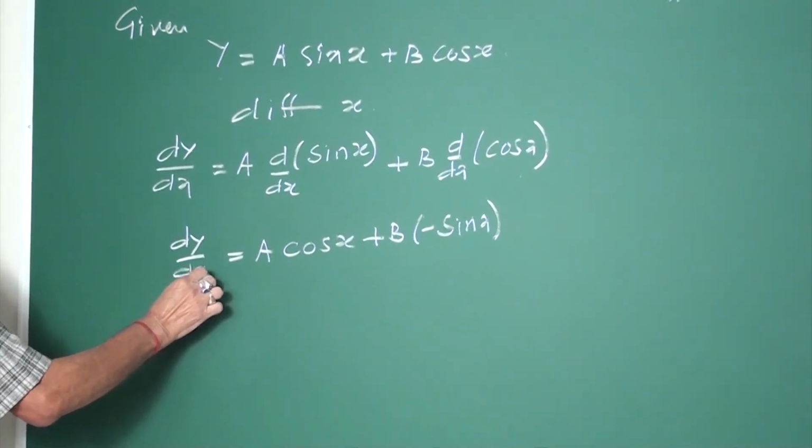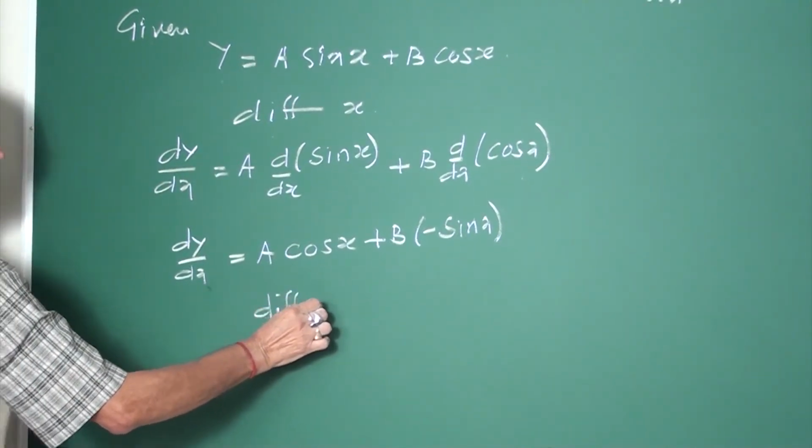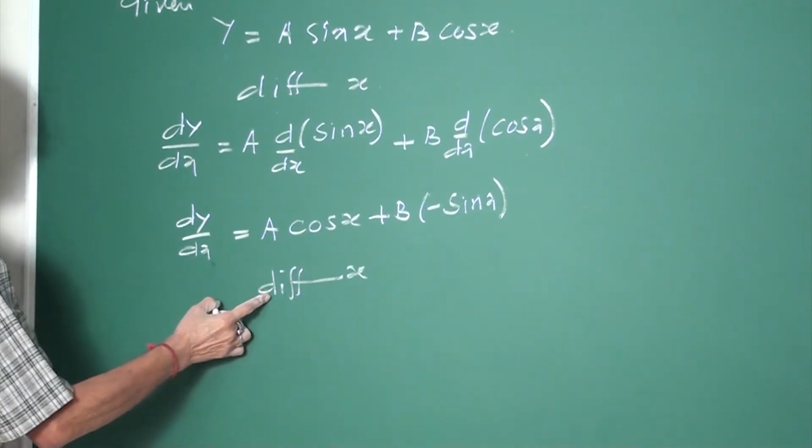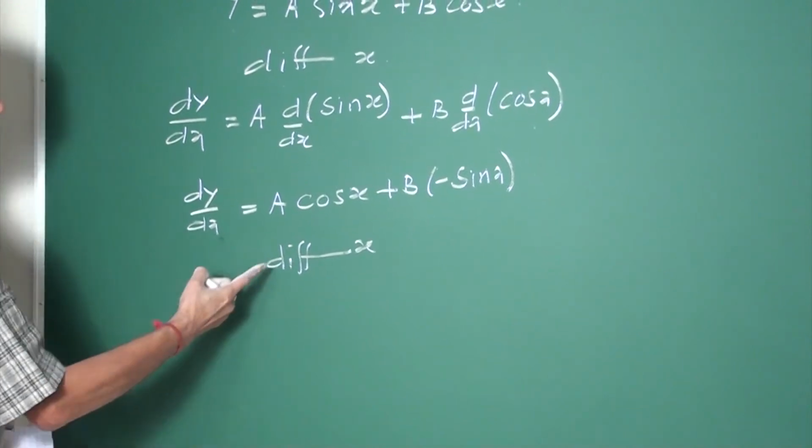You wanted the next derivative, so differentiate again with respect to x. It is also not needed to write it repeatedly. This gives a push to write the next step.